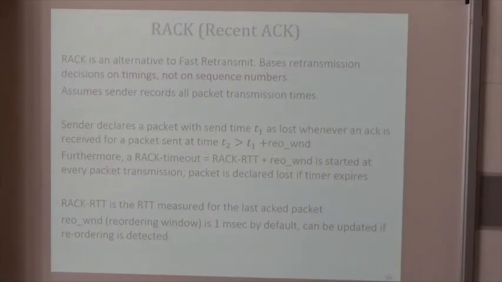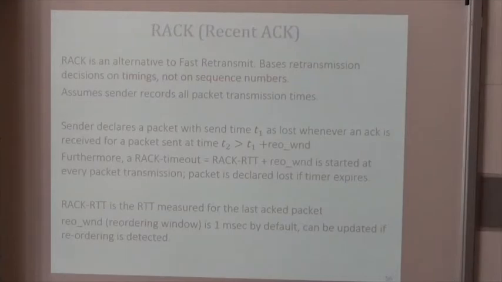A typical case is when you have reboots of something or a change of route. In a complex network, changes of route somewhere might not be extremely rare. If that happens, the operating system needs to estimate what is the reordering window.